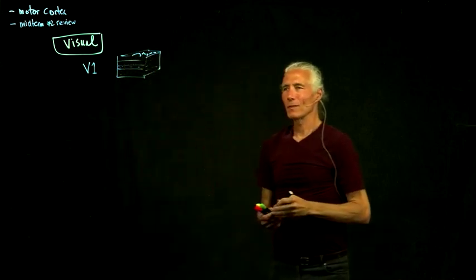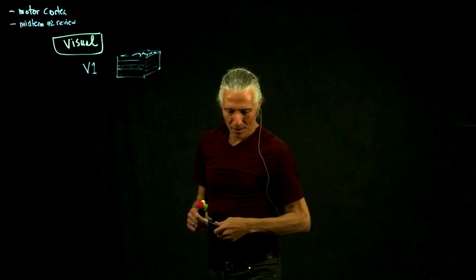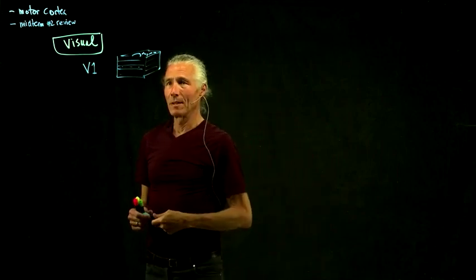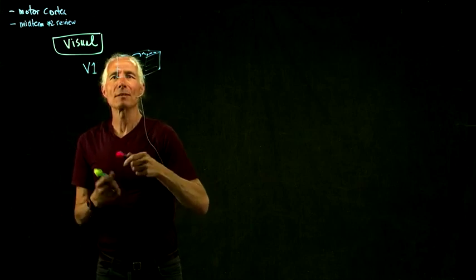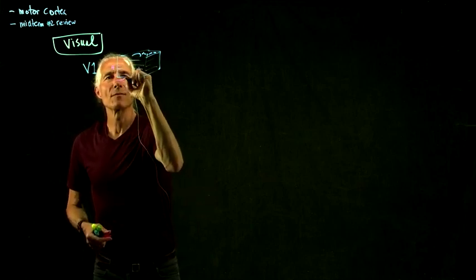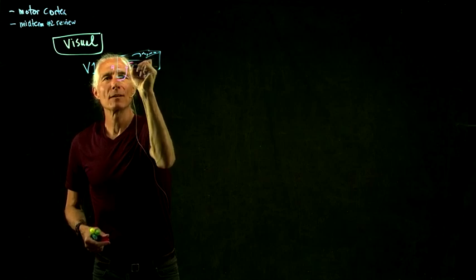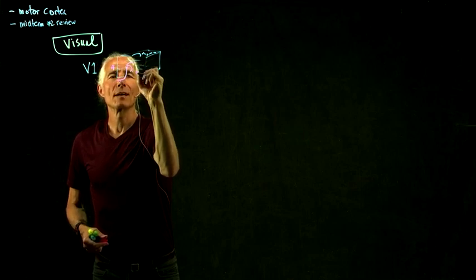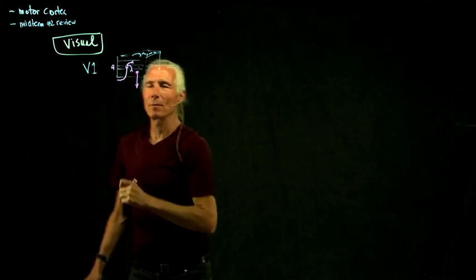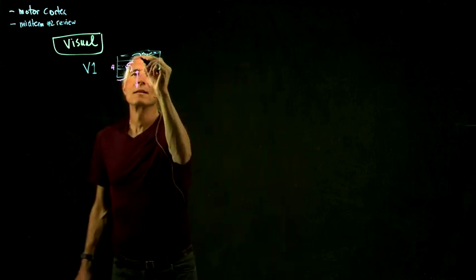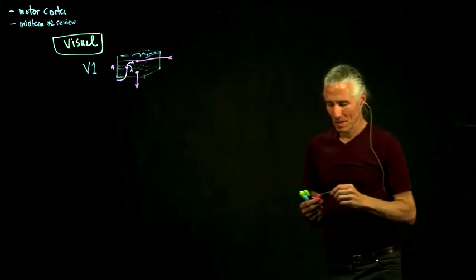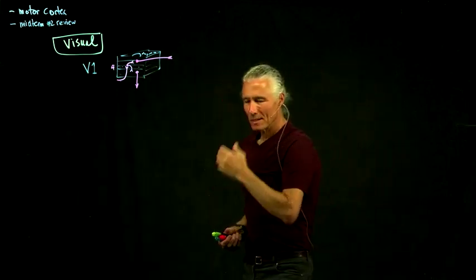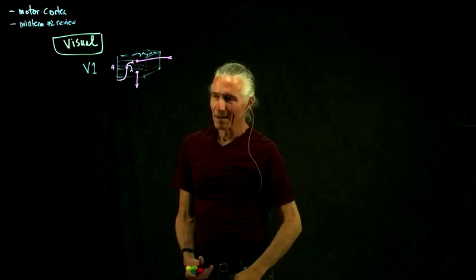So we went over some of the basic layout of the cortex, and what the input layers are. Remember, the input almost always comes to layer 4, and then from layer 4 it goes above and below layer 4, and then layer 5 is a big output layer, and layer 2, 3 goes to the next area. So that was the general V1.